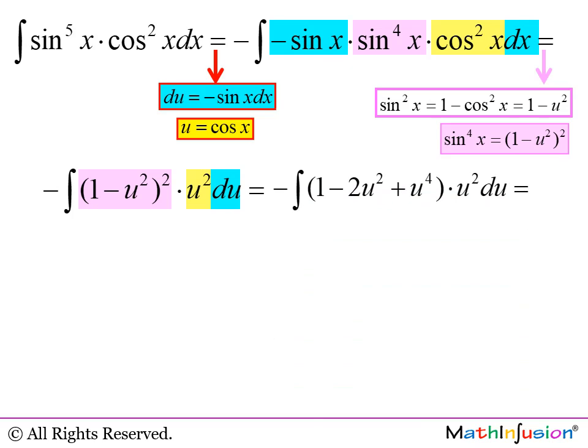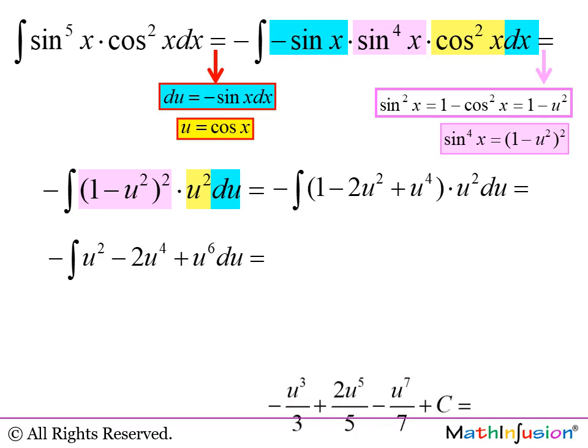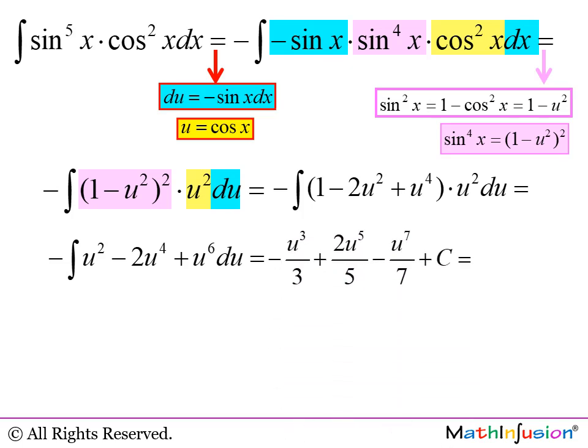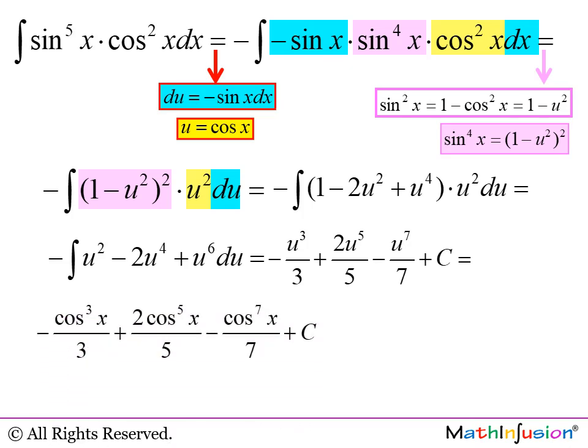I have to take 1 minus u to the power of 2, to the power of 2, and then multiply by u to the power of 2, and I just get a polynomial of u. So I can go ahead and find the antiderivative now. And the only thing left to do is to take care and substitute cosine x instead of u. And I get that.